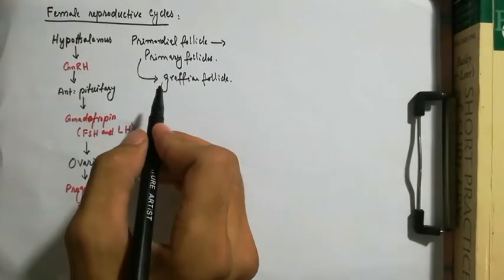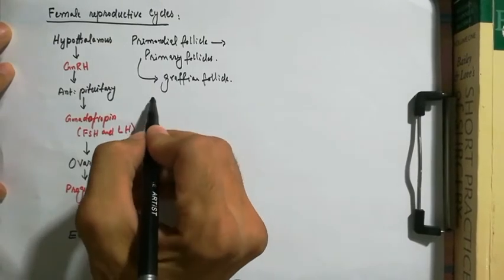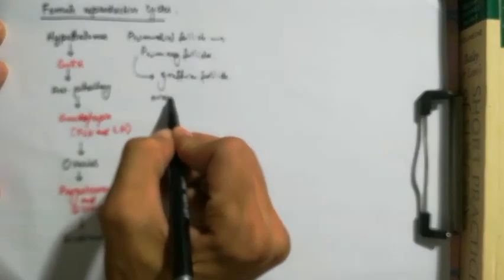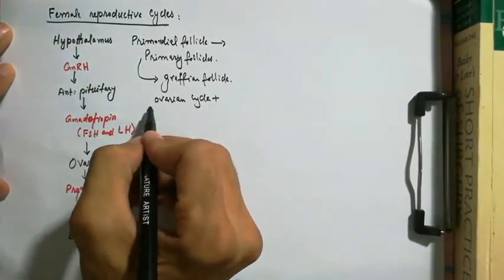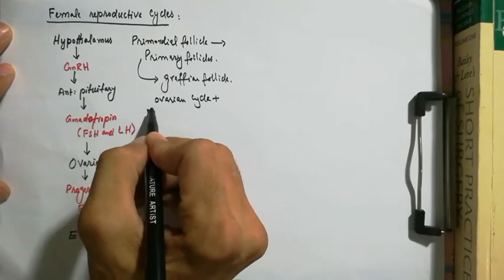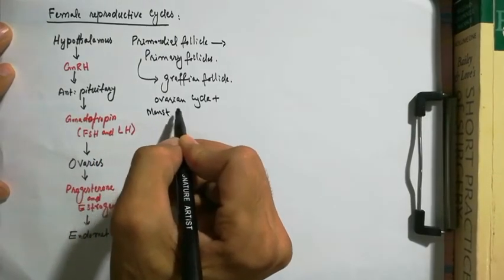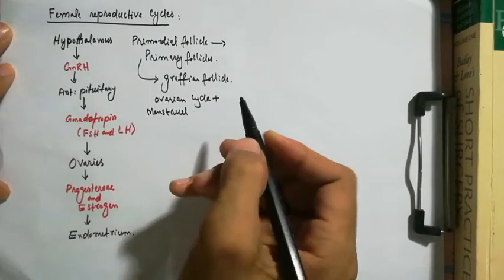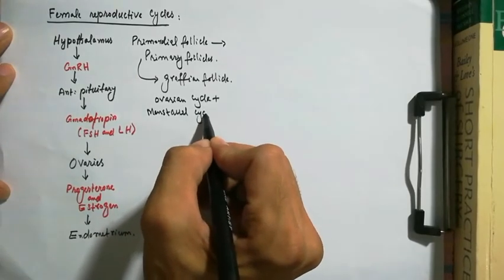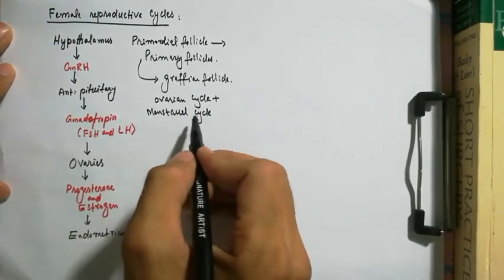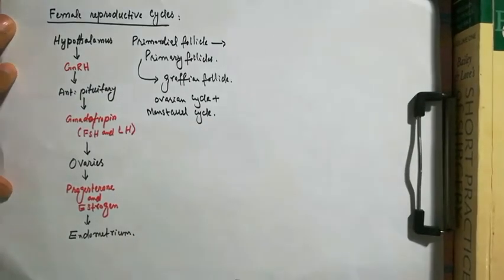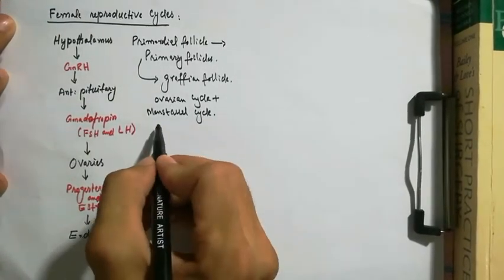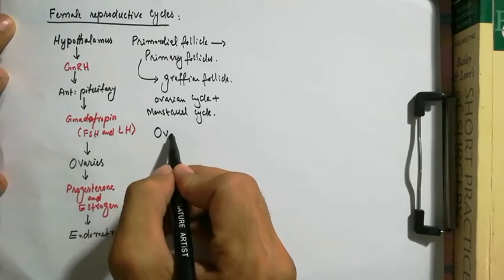Female reproductive cycles include ovarian cycle plus menstrual cycle. Menstrual cycle is also known as endometrial cycle. First I discuss ovarian cycle.